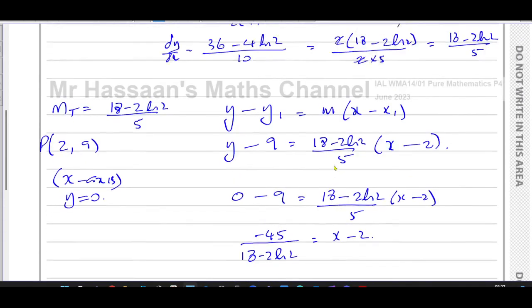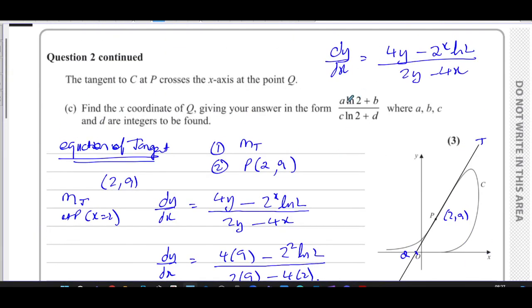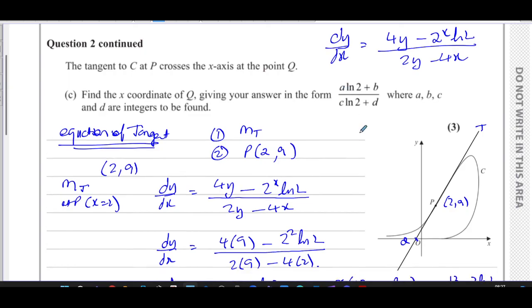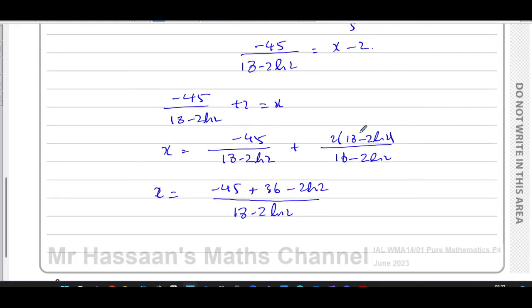We have to end up with something like the required form, and it looks like we're almost there, on the right track. So we have minus 45 plus 36, which is minus 9, minus 2 ln 2, over 18 minus 2 ln 2.